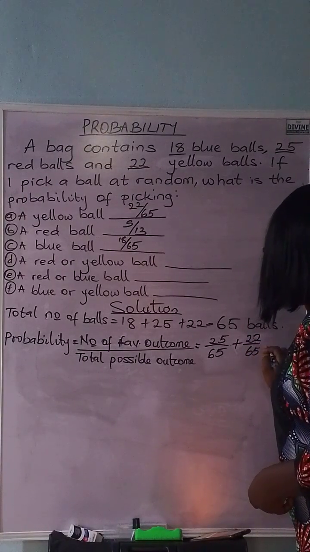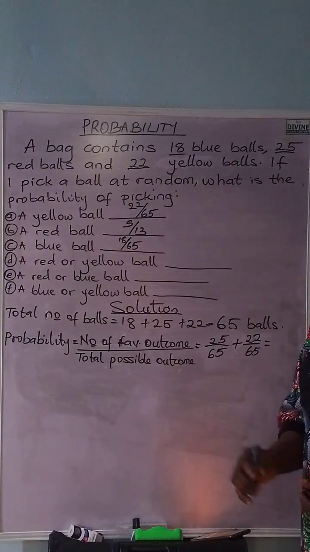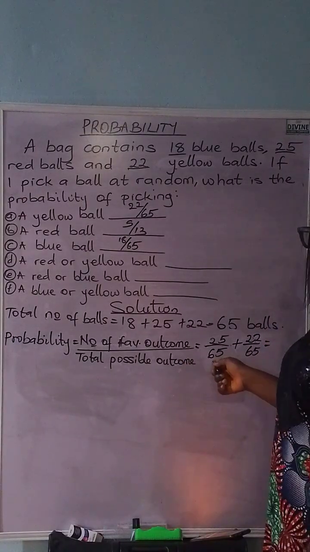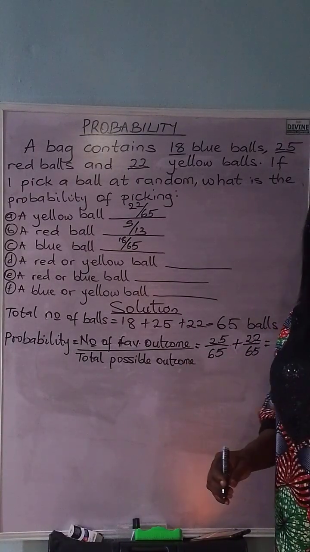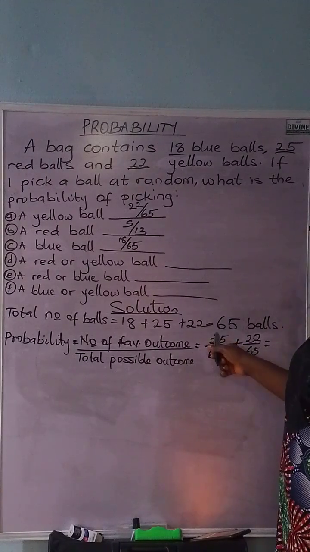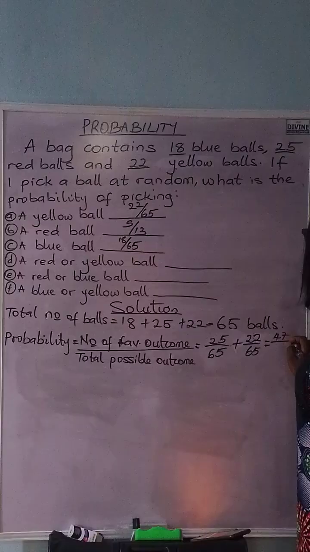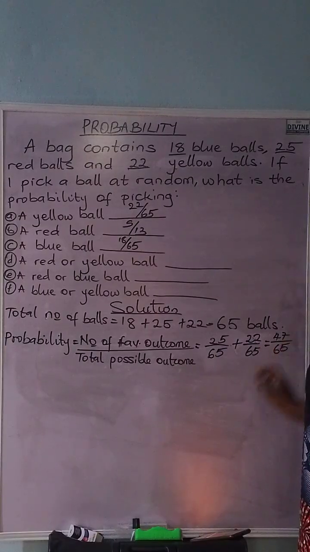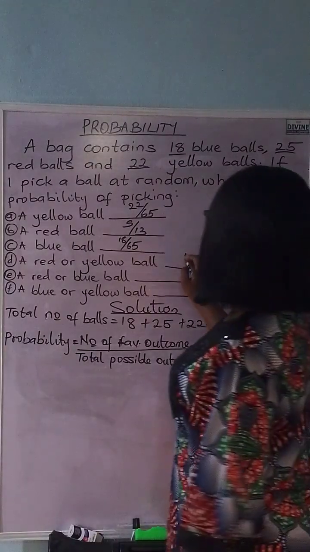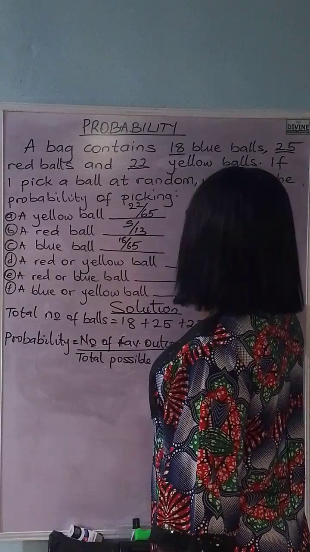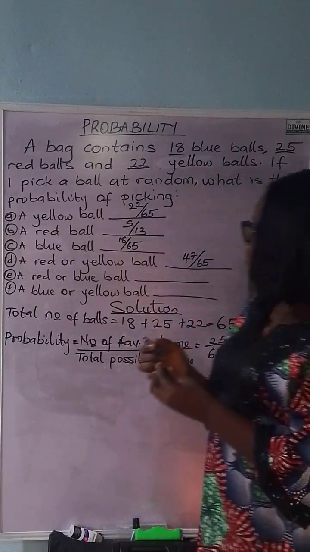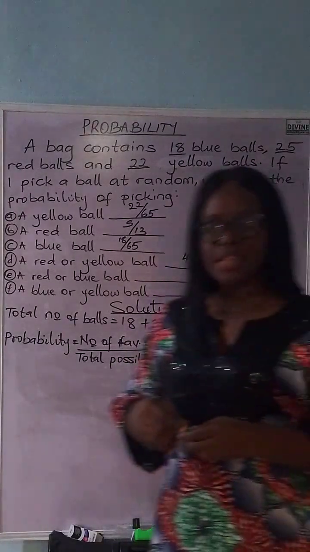This is very easy to add because their denominators are the same, so we just add the numerators. 25 plus 22 gives us 47 over 65. And that is our answer here. 47 over 65.